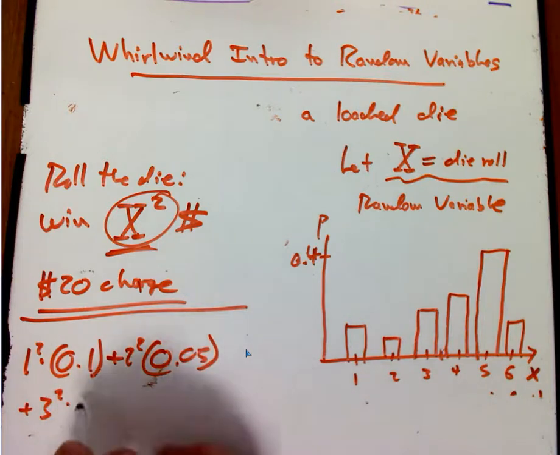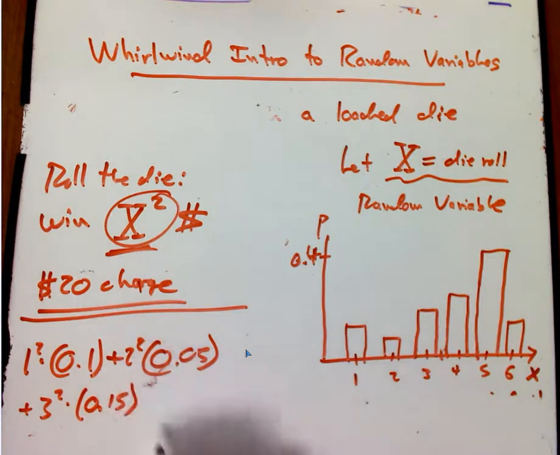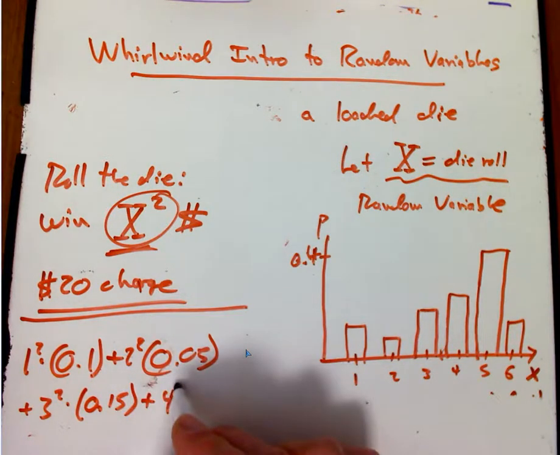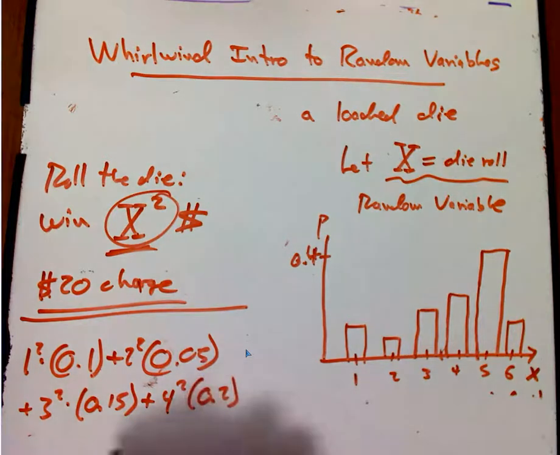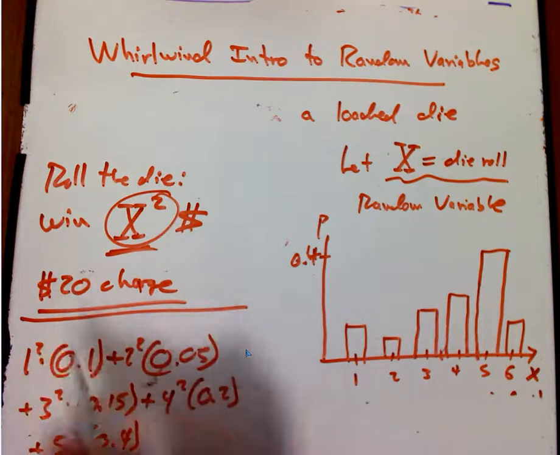You're going to win $3². This was the 0.15, 15% of the time. And 20% of the time, you're going to win $16. And 40% of the time, you're going to win $25. That's pretty good. That's looking promising.